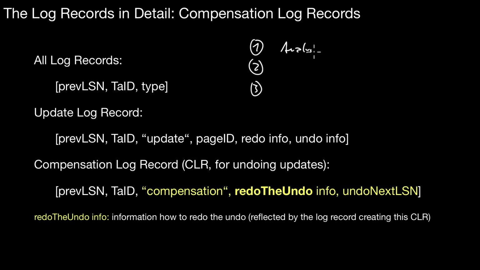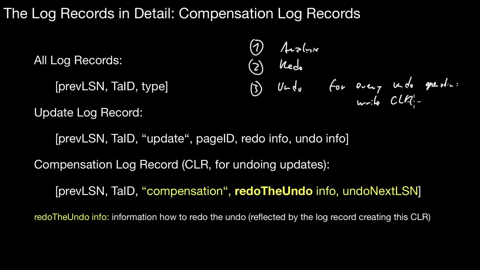Let's write it out. Analysis, redo, and the undo. In this undo phase, I undo change operations from loser transactions. For every undo operation, what I do is I write a CLR. I write a compensation log record, reflecting what I did here.